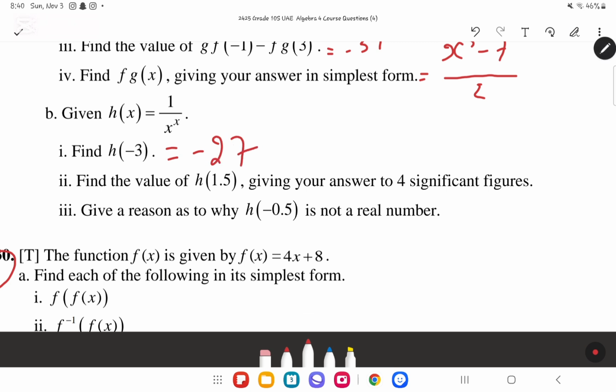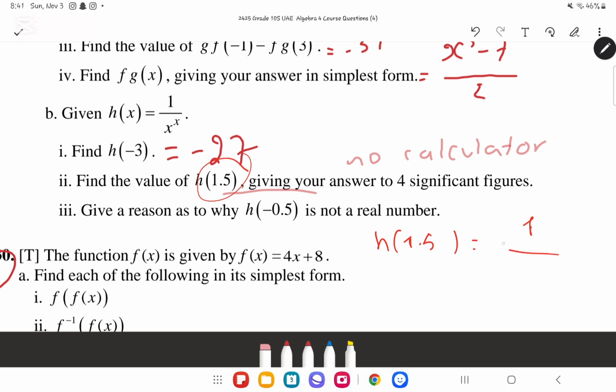So our answer for the first one is minus 27. Now for the second one, we cannot do it without the calculator, so that's why I'm going to use it, even though no calculators are allowed, okay? I will only be using it because we cannot do it without the calculator. They need us to find h of 1.5, so h of 1.5 is 1 over 1.5 to the power of 1.5.